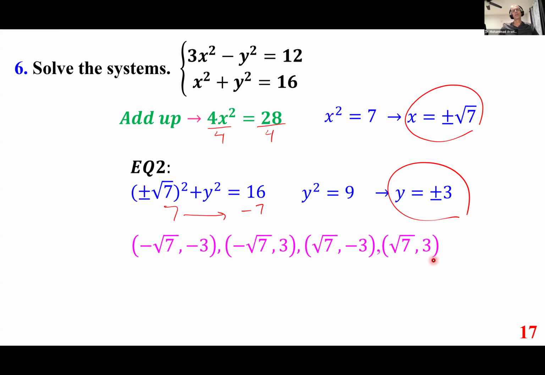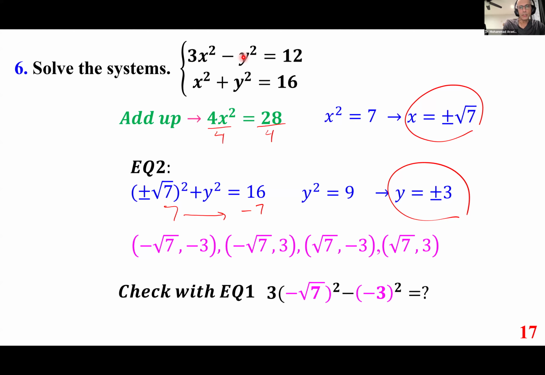And we are going to check with equation number 1, because we grabbed this from equation number 2. So I'm going to try one of them, and then you can try the rest of them. You really have to check. For example, if we go with the first one, 3 times minus square root of 7 quantity squared minus negative 3 quantity squared.